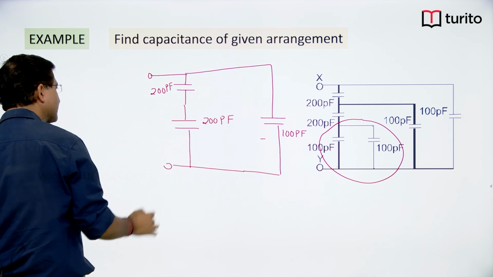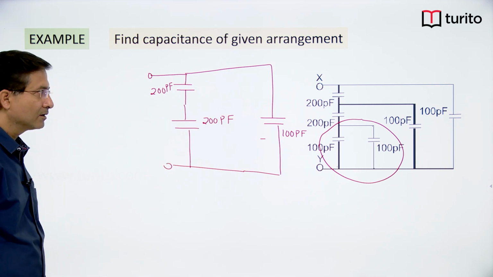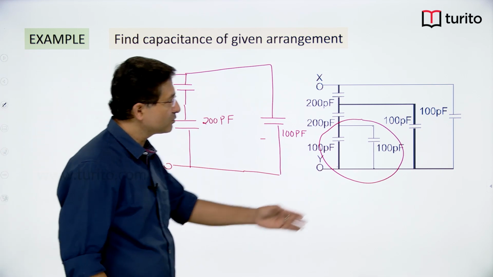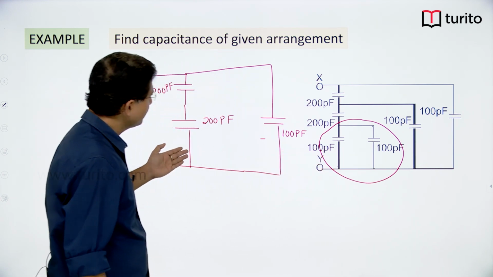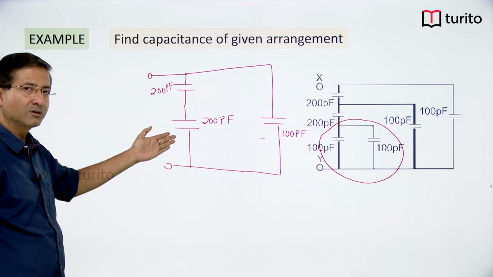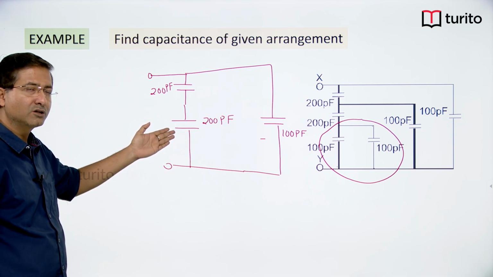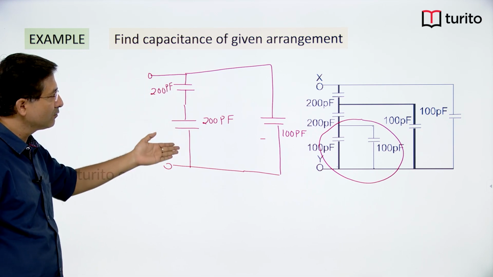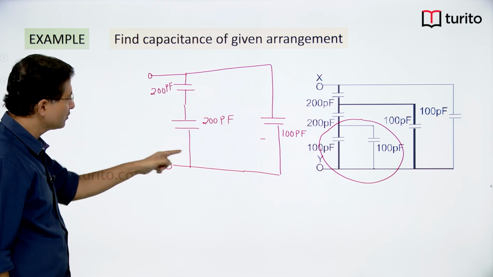Now you can see that the circuit has become very simple as compared to this one. Now these two are in series combination, 1 upon C1 plus 1 upon C2 is equal to 1 upon C equivalent. So this whole thing will become 100 picofarad.